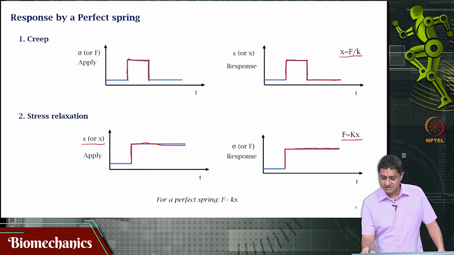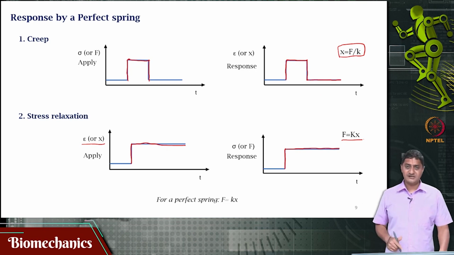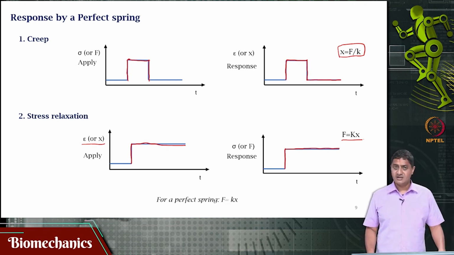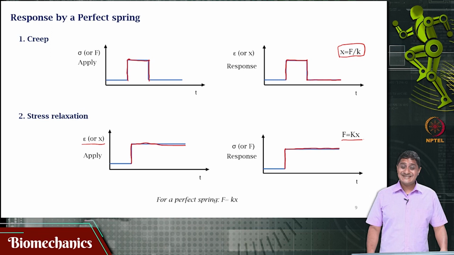And we know that this deformation is F by K, because the spring constant does not change, the force applied changes according to this characteristic, and strain will follow the stress, right. Likewise, the force felt is a function of the spring constant times the displacement, and I am applying a displacement, and the force felt will be F is equal to Kx, as you would expect. This is the ideal spring characteristic, right. This is a perfect spring or an ideal spring.